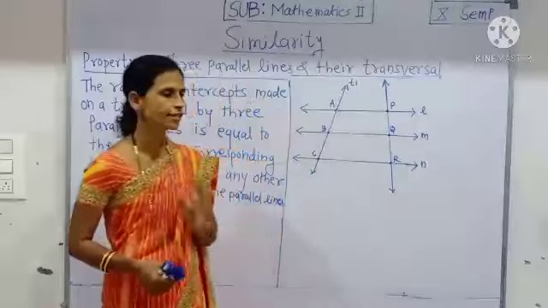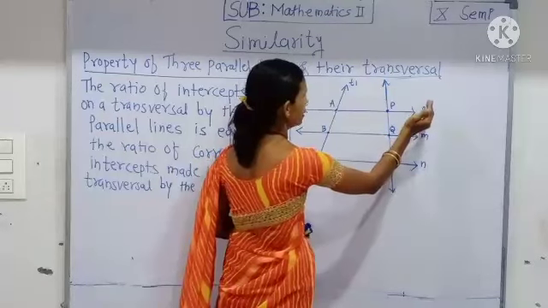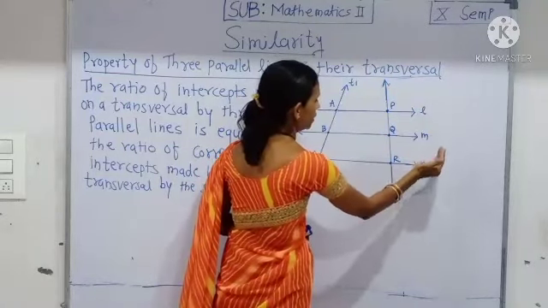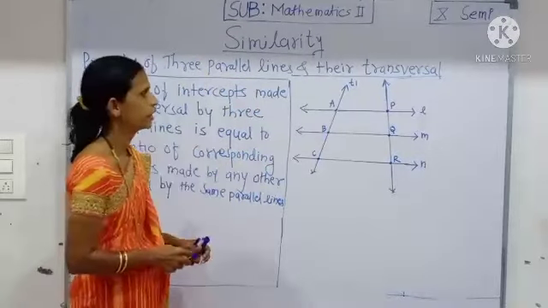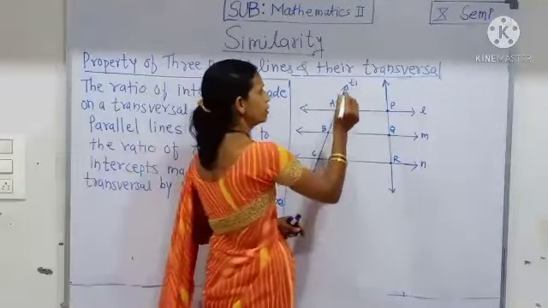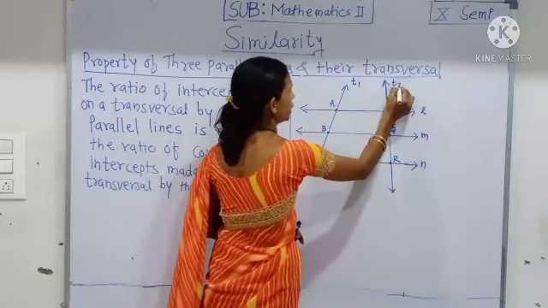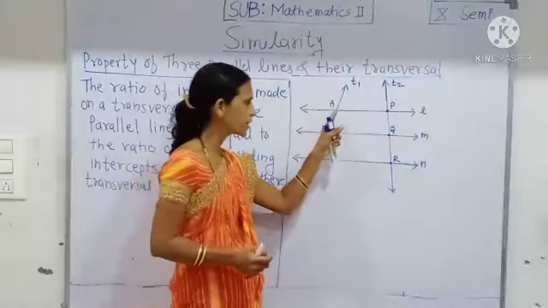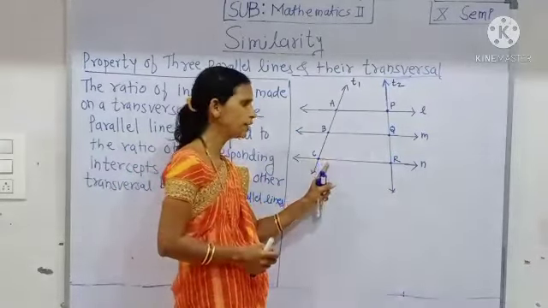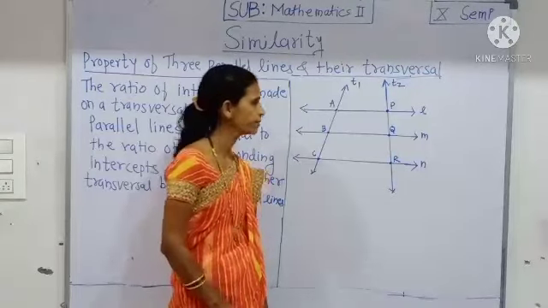First of all, see here, there are three parallel lines, line L, line M and line N, parallel to each other, and two transversals, T1 and T2, which intersect lines L, M and N in three distinct points.